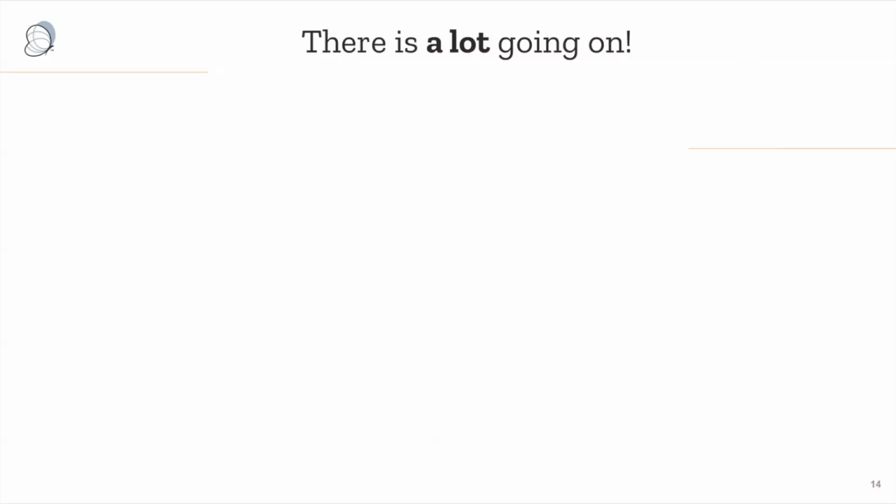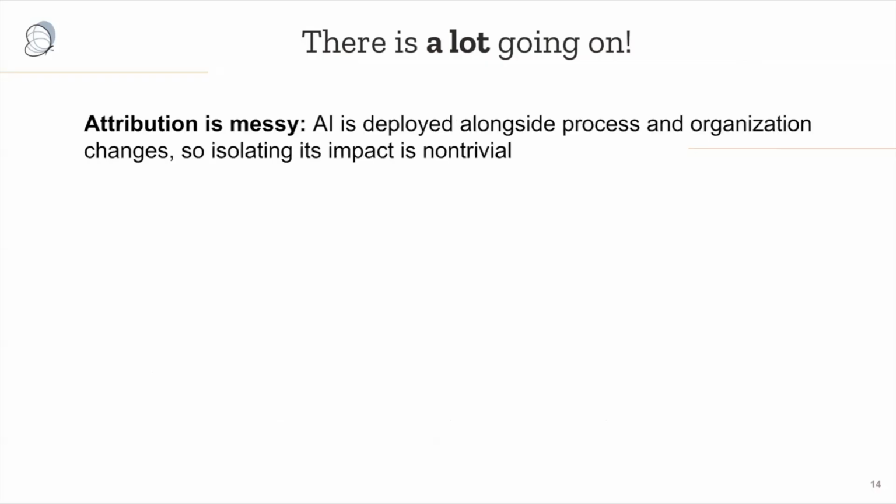Now, there are lots of ways in which you might think about measuring to establish the return on investment, which are, again, dollars and time are important, but I think you have to think a little bit more broadly with AI systems. It's also the case that there's a lot going on.